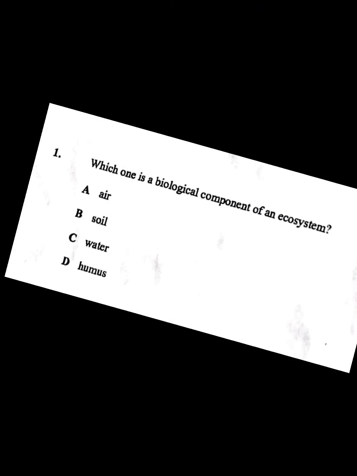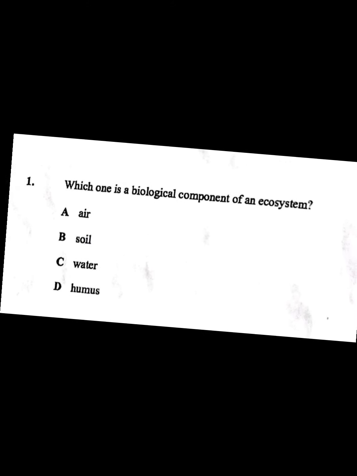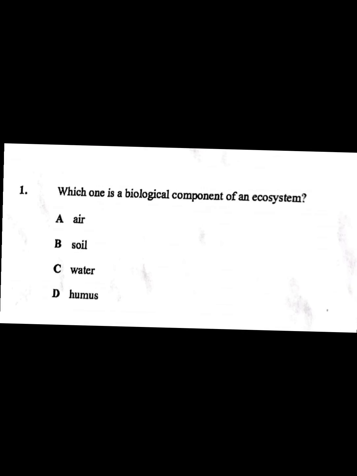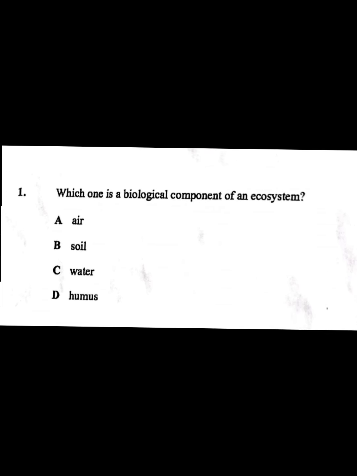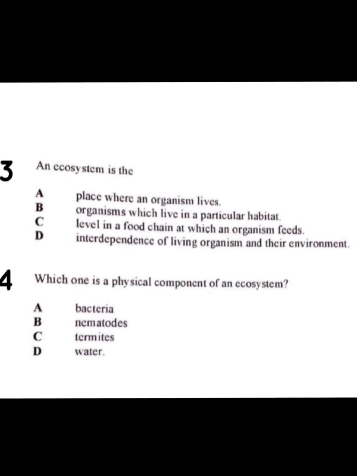In November 2020, they twisted the question. They were no longer asking about physical components, but they asked about biological components of an ecosystem. So the correct answer here is humus. A, soil and water are physical components of an ecosystem. So the next question is saying, what is an ecosystem?